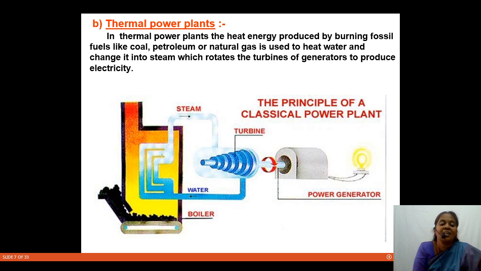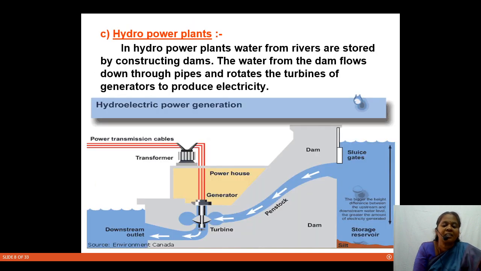Here, burning of coal, which is chemical energy, boils water, heat is produced. Chemical converts to heat energy, which rotates the turbine, mechanical, and electrical energy is generated. Chemical energy, heat energy, then mechanical energy as well as electrical energy.